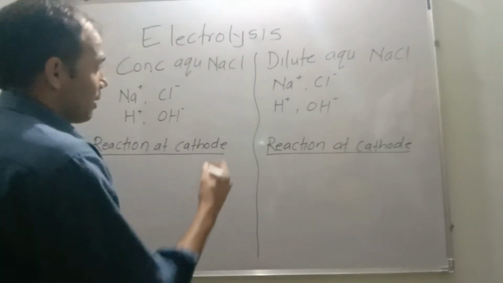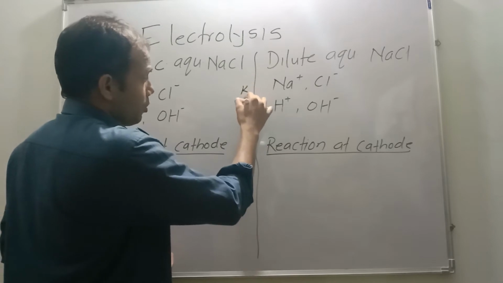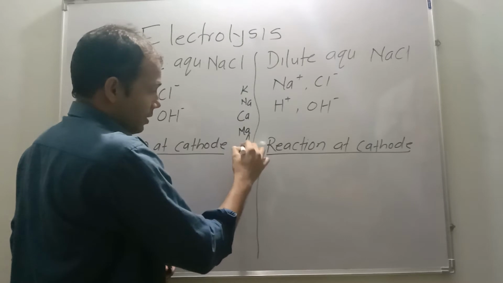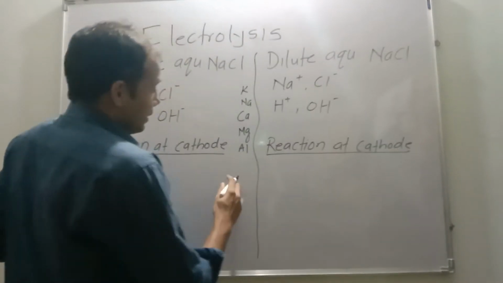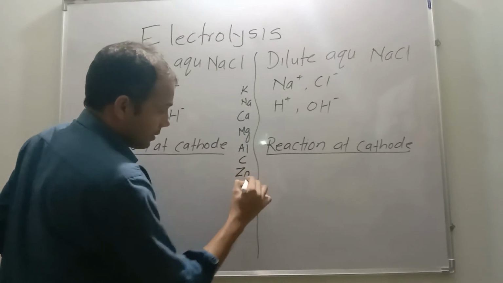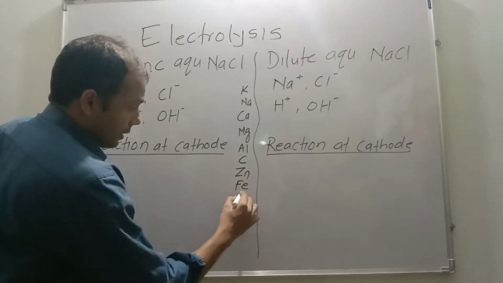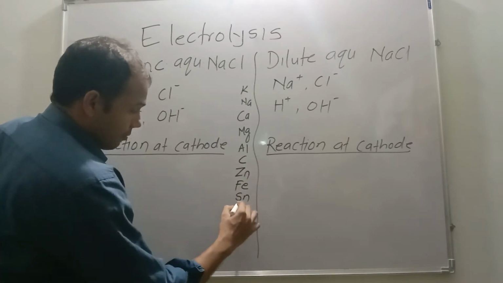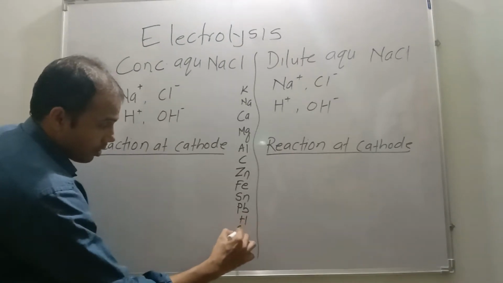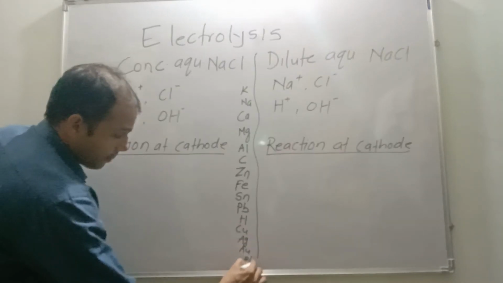For example, first we have potassium, sodium, calcium, magnesium, aluminium, then carbon, zinc, iron, tin, then lead, hydrogen, copper, silver, gold, and platinum.